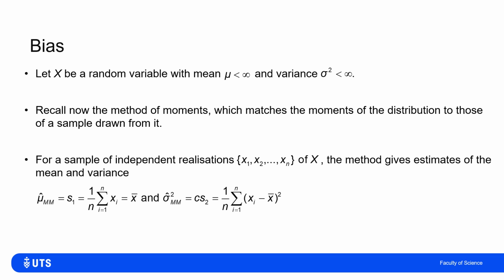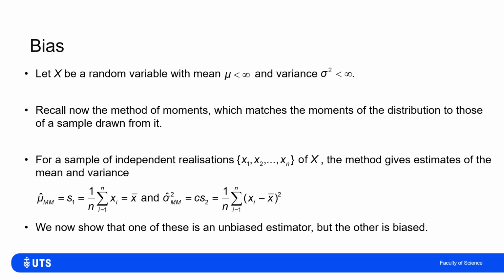So if I estimate sigma squared by the second central sample moment, then I would get sigma squared hat by the method of moments is the second central sample moment. Now, you may already know this, but one of those estimators is unbiased and the other is not.